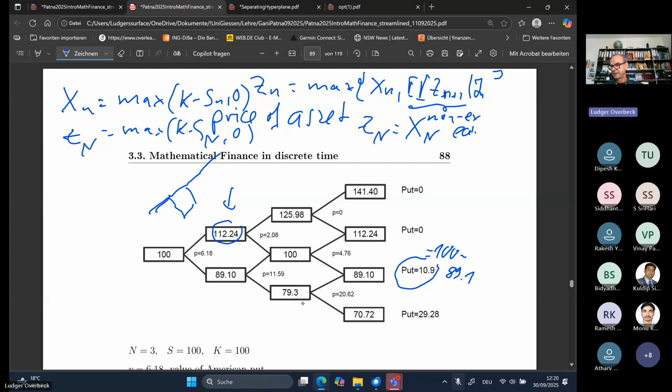And of course here, what's the value of the put option? Here the execution, if you execute, you get 11. You get 26.2 probably. That's some rounding error here. So you should execute here, because the average of these two is smaller.